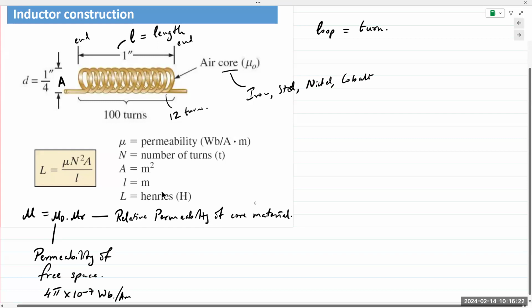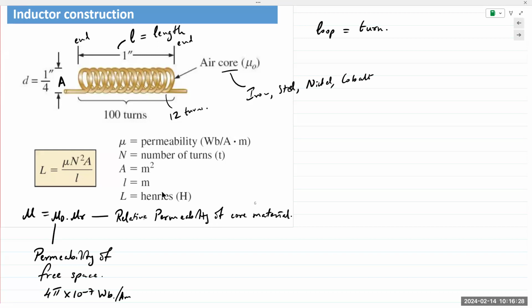Now, typical inductor values are in the millihenry or microhenry range. Most of the inductors and capacitors we use are kind of the opposite of a resistor. Resistors are usually in the hundreds or the thousands, so usually kilo ohms or larger. And capacitors and inductors are in the millihenry or the microhenry range.